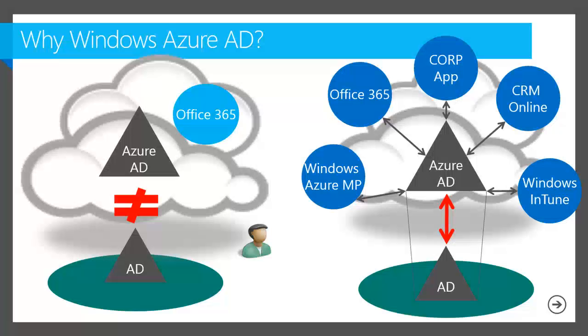CRM Online, Office 365, Windows Intune, those are all great, but your organization can still write company applications that use Windows Azure Active Directory for authentication. If you're moving forward, and especially if you're creating a new cloud-based application, you probably want to write to that and not to the older-school, on-premise Active Directory. There are a lot of advantages to Windows Azure AD.